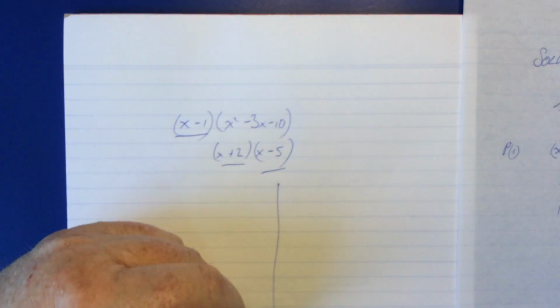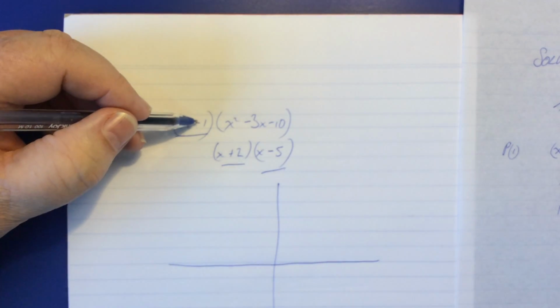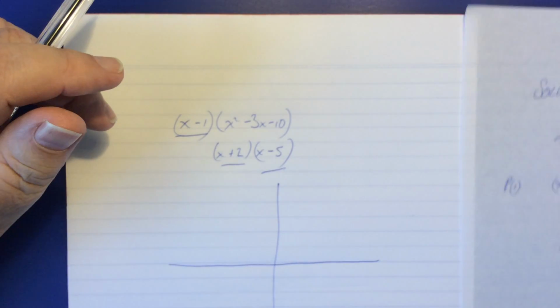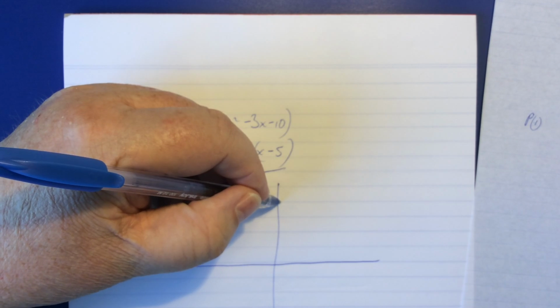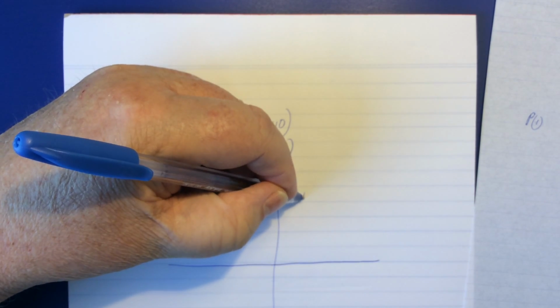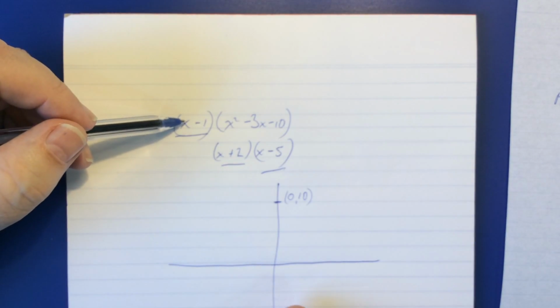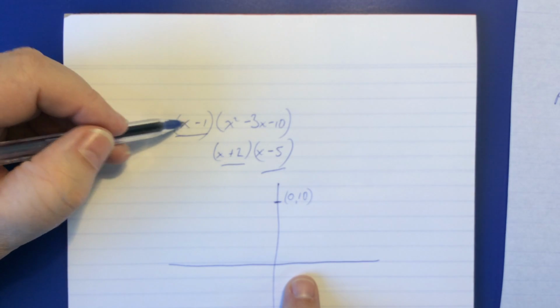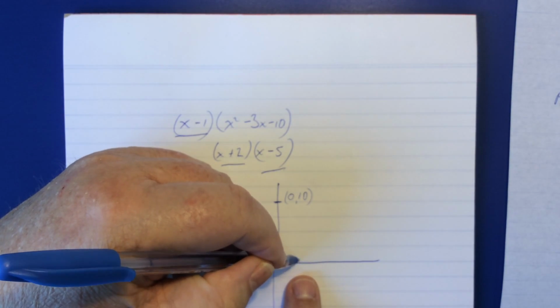And we can now draw this thing with most of its features. We have a y-intercept at 10. So let's get that in there. So that is 0, 10. We have an x-intercept at 1, make this equal to 0, and we get 1.